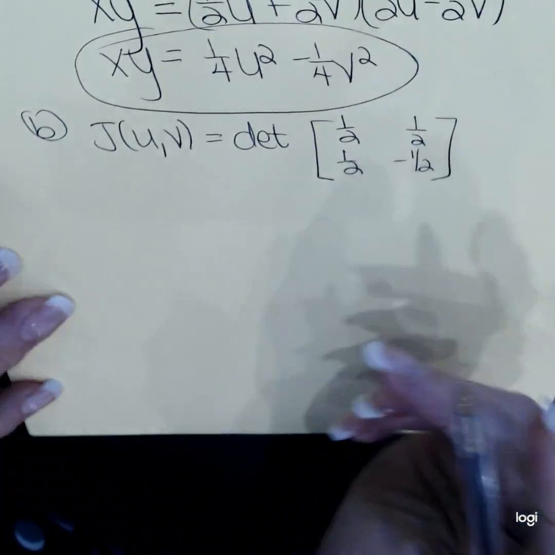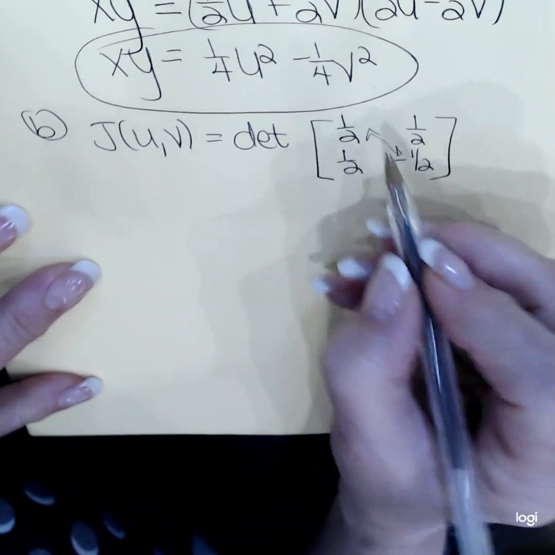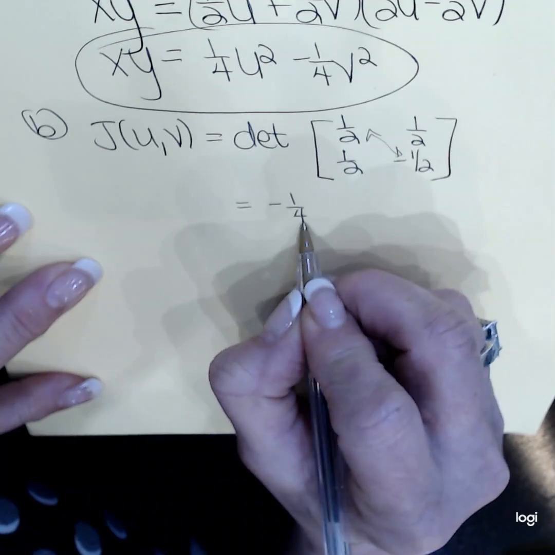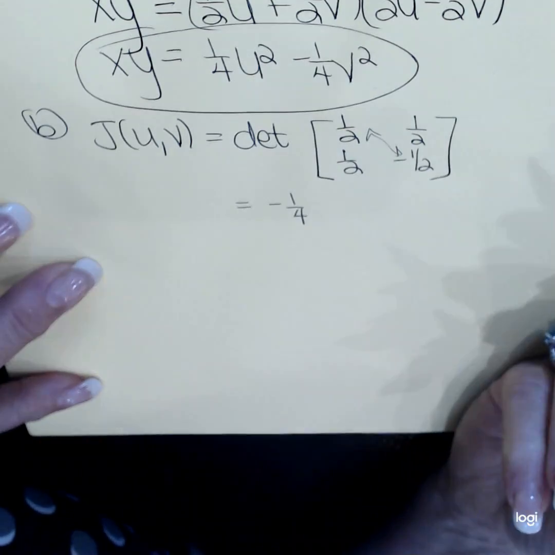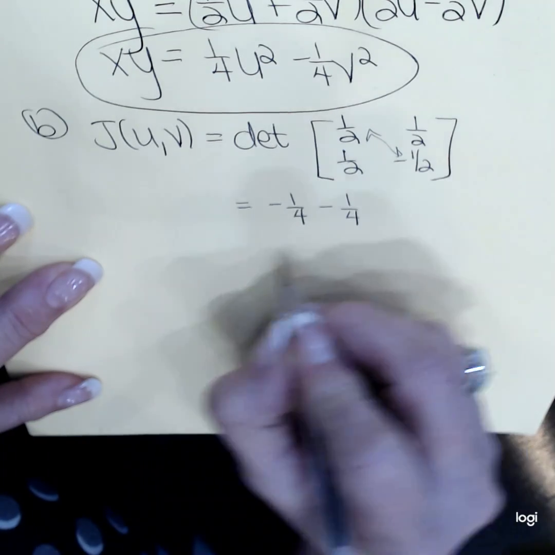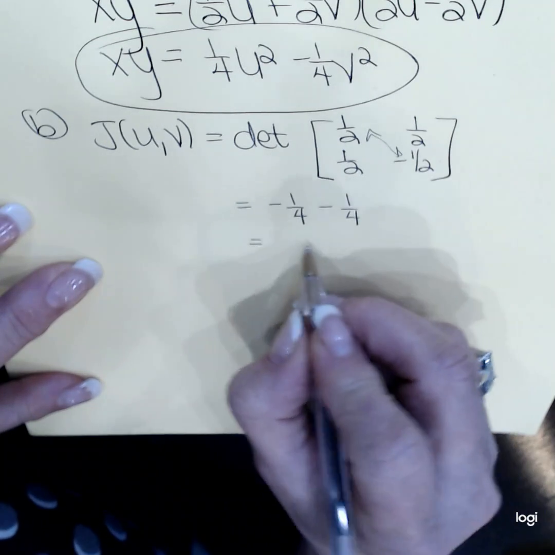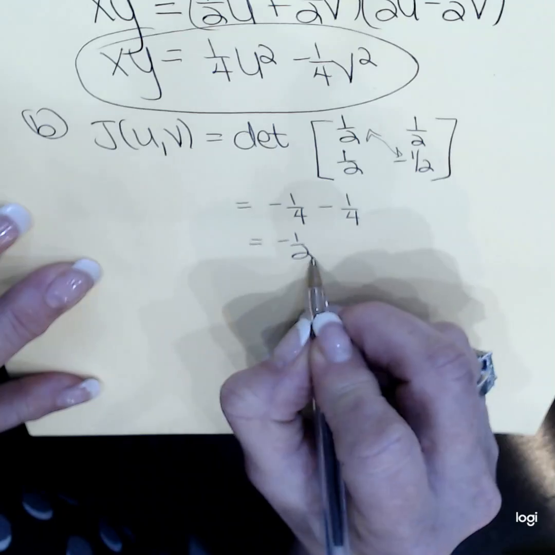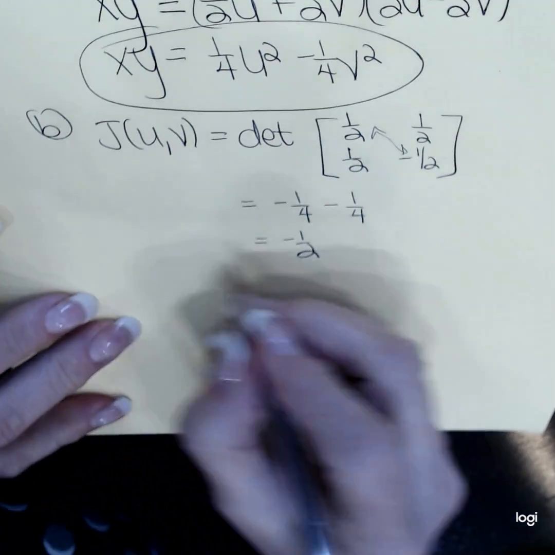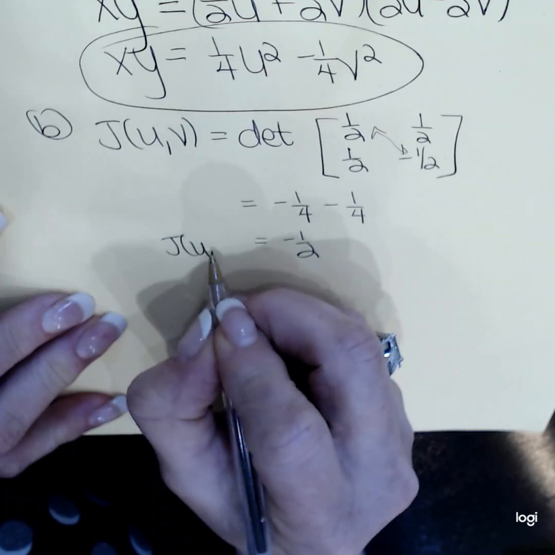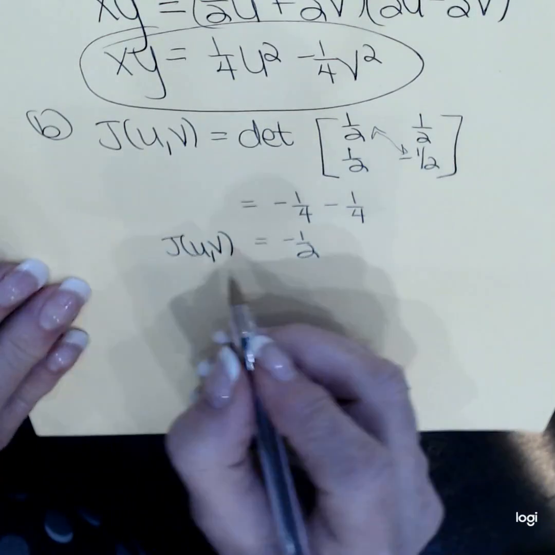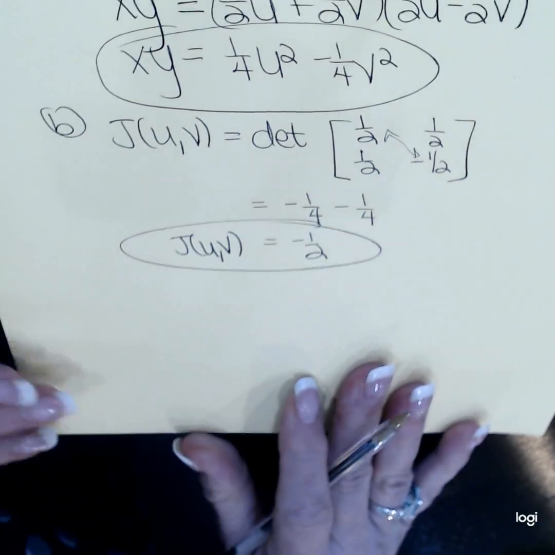And then, of course, we know we go in this direction and subtract what happens in the other direction. So we get a negative 1/4, and that's 1/2 times 1/2, minus 1/4, which is going to be a negative 2/4, or a negative 1/2. And so we get our Jacobian. Now notice when we go to input it into our formula, we're going to be using the absolute value of that. So be aware of it.